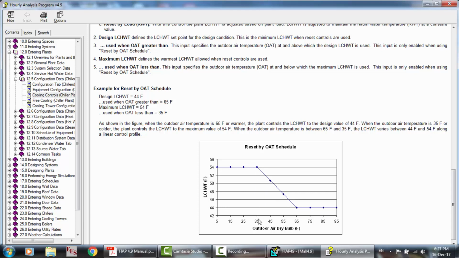If it's lower than 35, the plant LCHWT will be 54. And what if the outdoor air dry bulb is between 35 and 65? The LCHWT will vary between these degrees along a linear control profile.